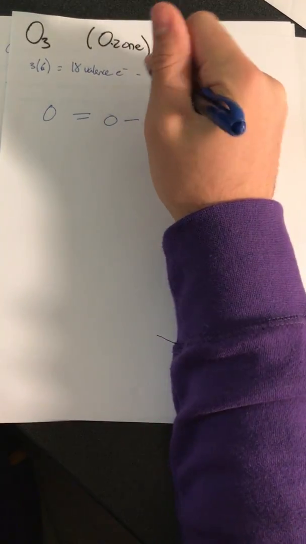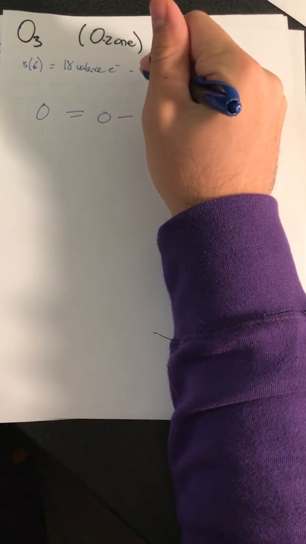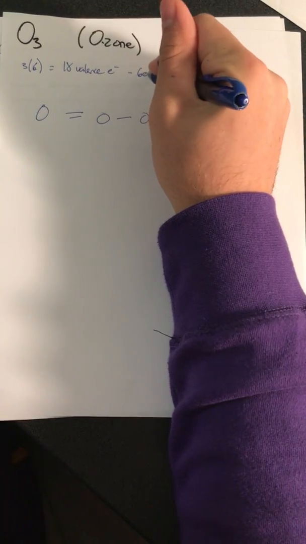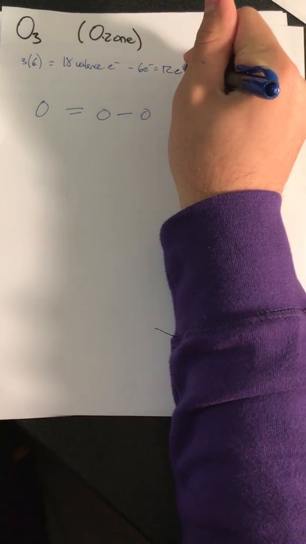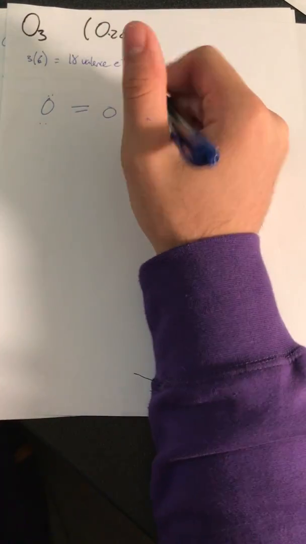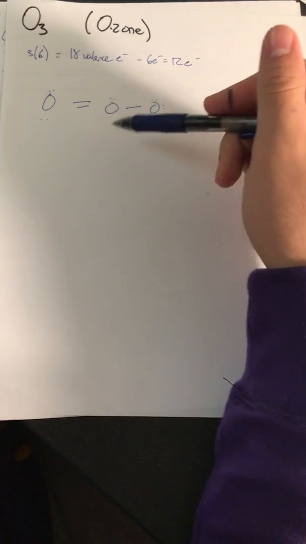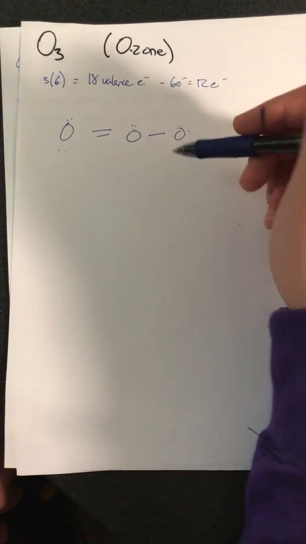So now we're going to have 6 electrons used, which will leave us with 12. So now we're going to satisfy these octets, 2, 4, 6, 8, 10, 12. Now all the octets of each oxygen atom are satisfied.